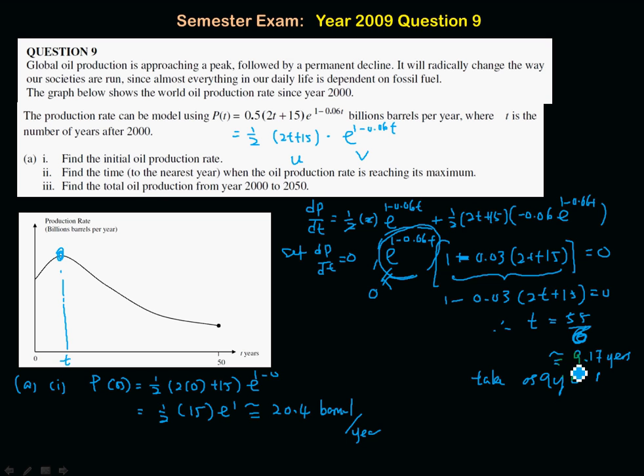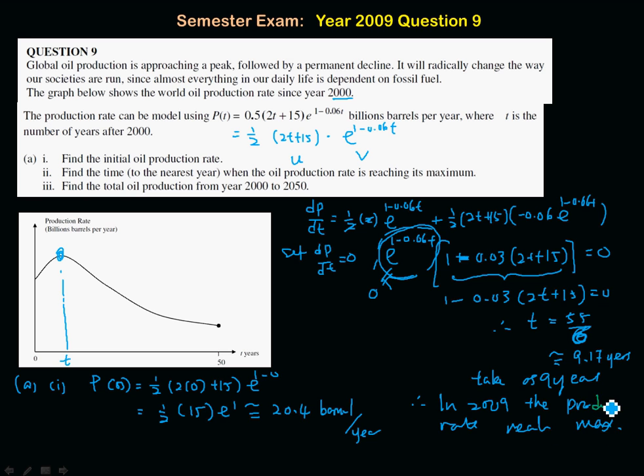So to the nearest year, that means in 2009, because the study begins in the year 2000, so 9 years later, 2009, the production rate reaches its maximum.